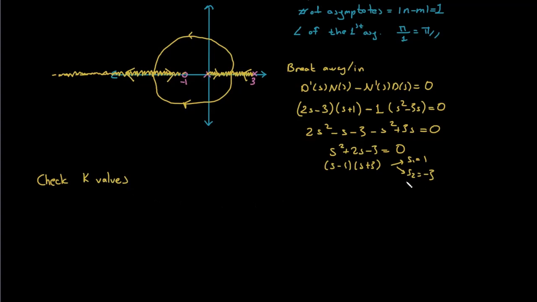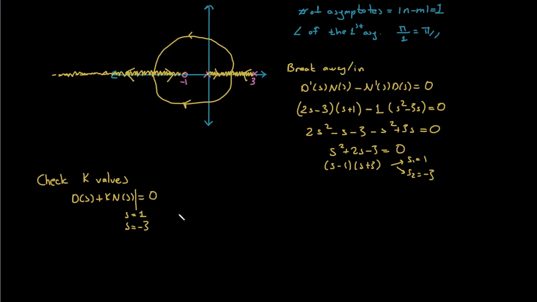How are we going to check the k values? For each of these roots, I need to find the k value from d of s plus k n of s equals 0. So I will check this when s is equal to 1 and s is equal to minus 3.